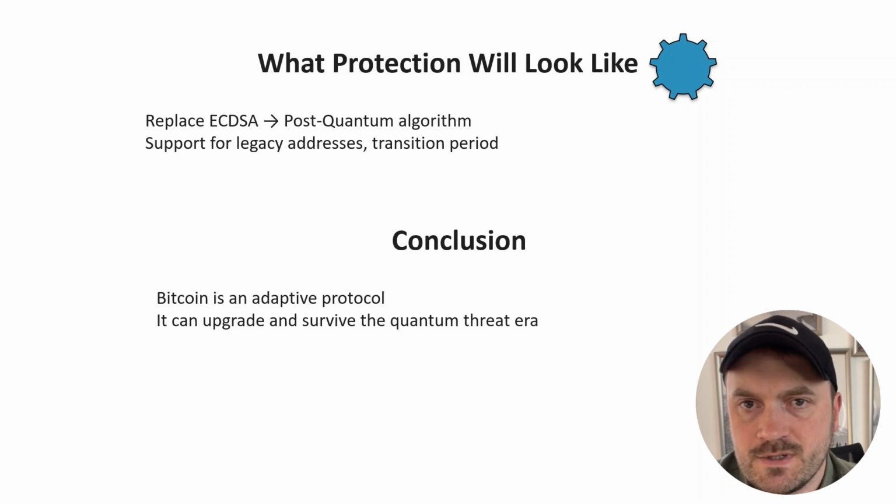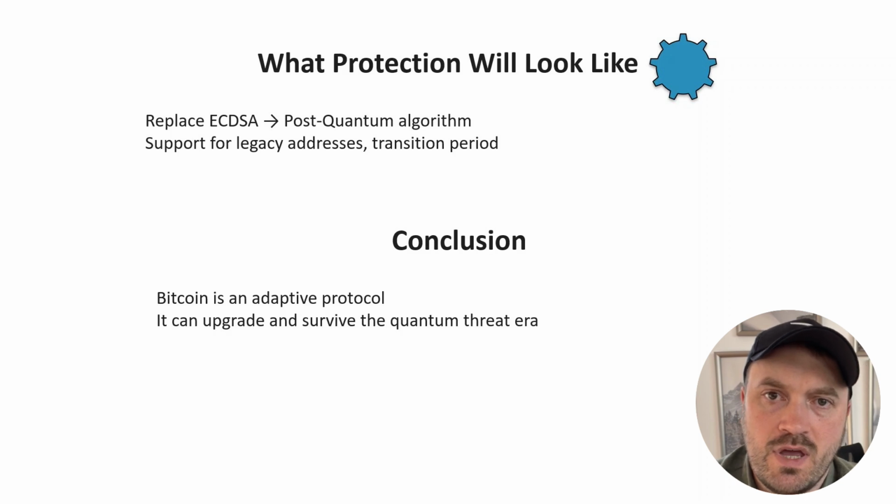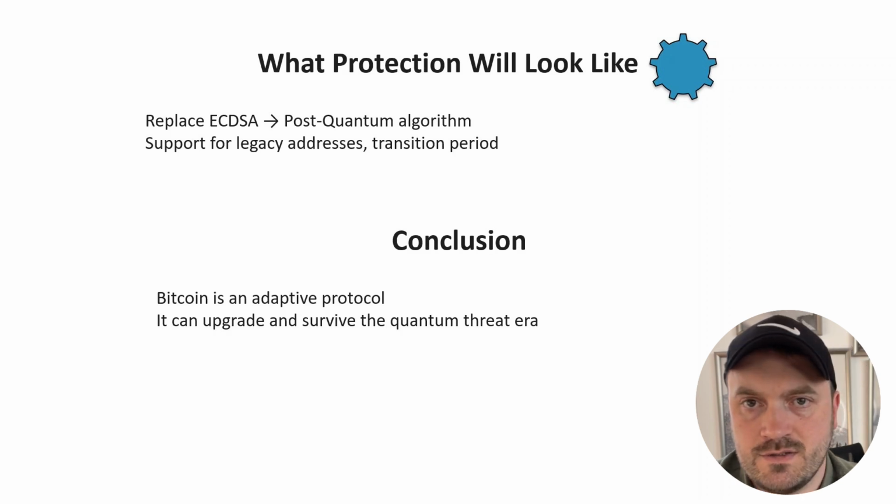This process is technically feasible. Bitcoin has already had major updates in its history. For example, SegWit in 2017 or Taproot in 2021. Updates go through community consensus and don't break the network.